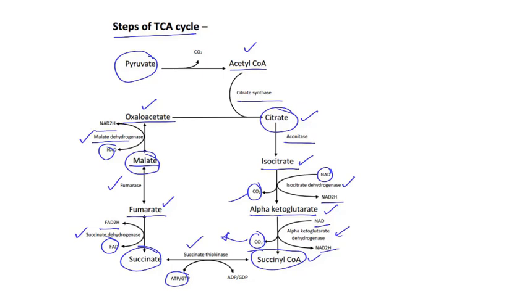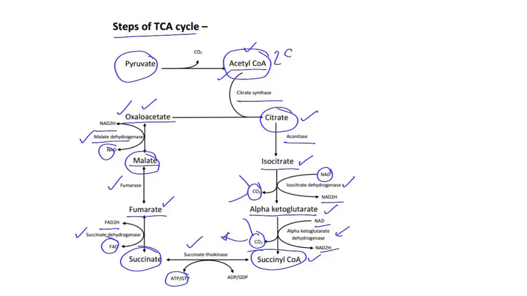The teacher may ask you to justify that oxaloacetate is the catalyst of the TCA cycle. We'll learn to justify it. Literally, acetyl-CoA consists of two carbon atoms. Actually, this acetyl-CoA is lost through the cycle as two molecules of carbon dioxide.